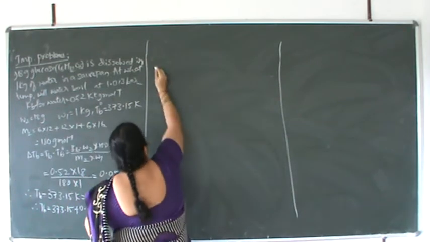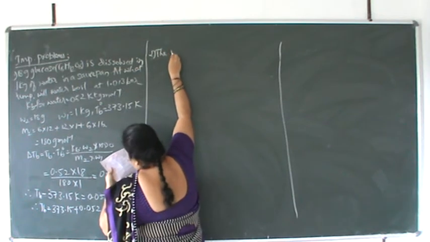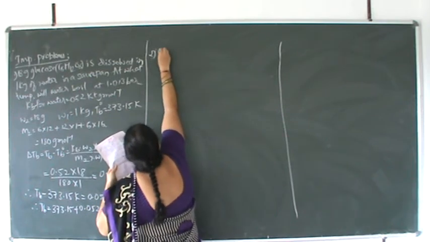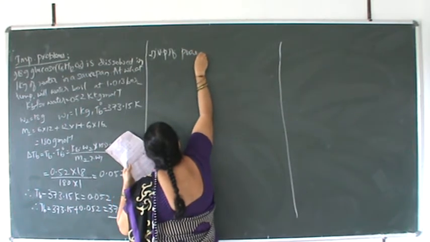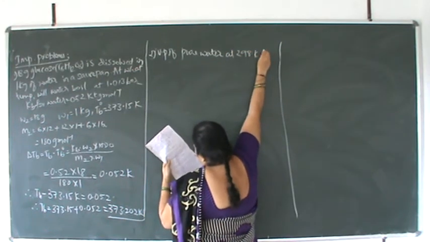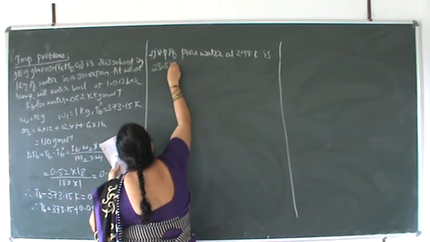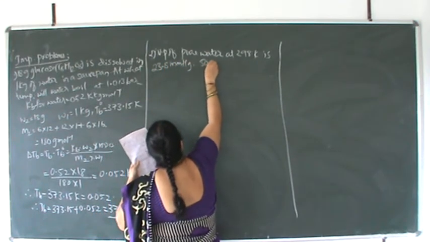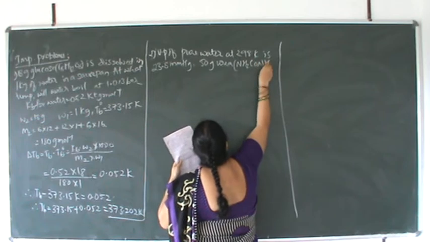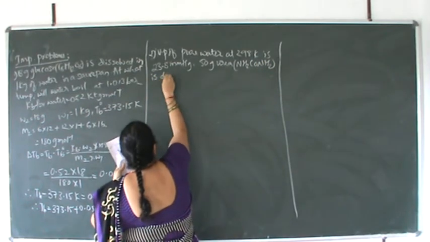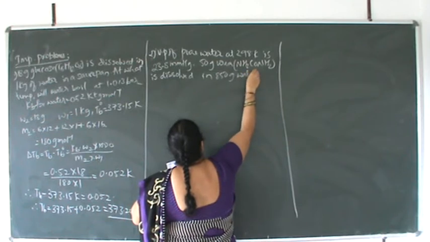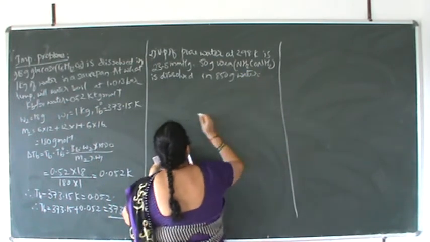Now second problem, the vapor pressure of pure water at 298 Kelvin is 23.8 mmHg. 50 grams of urea, formula NH2CONH2, is dissolved in 850 grams of water.